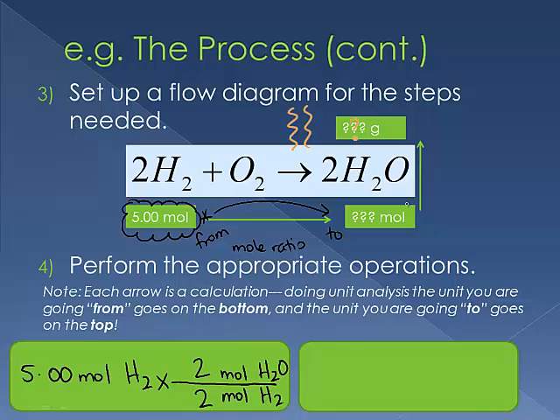Now that puts me over here on my flow chart. But look, now I hit another arrow, which means I need to draw another X and another line. The unit that I'm going from goes on the bottom, so this is moles of water. The unit that I'm going to goes on the top.